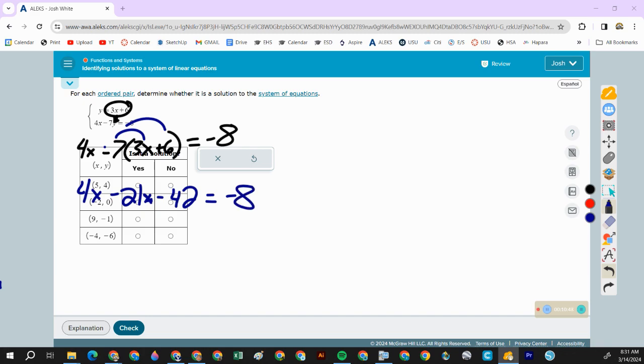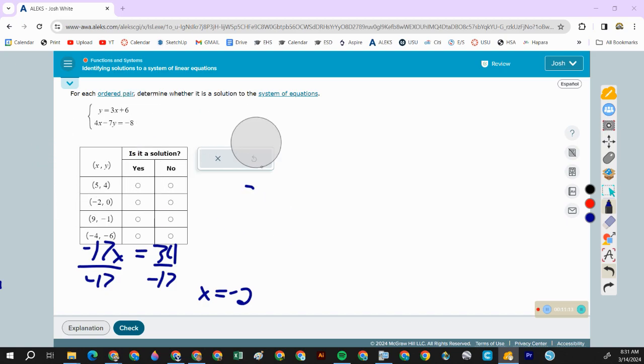So 4x minus 21x is negative 17x. We add the 42, and we get 34. Divide by negative 17, and I know that x is equal to negative 2.